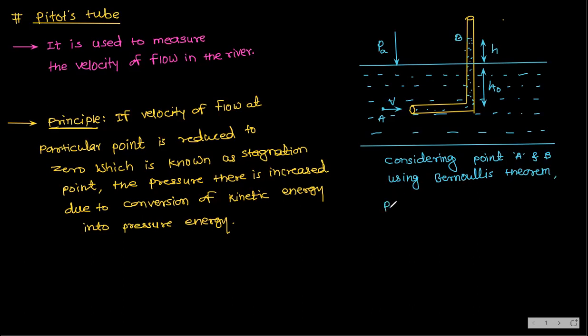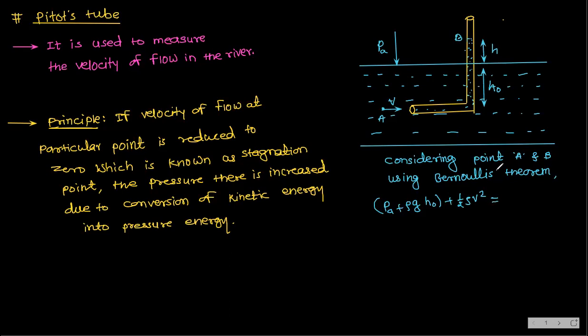Pressure at bottom means pressure at top plus rho g h. So this is rho g H naught. This is the pressure here, plus half rho v square.